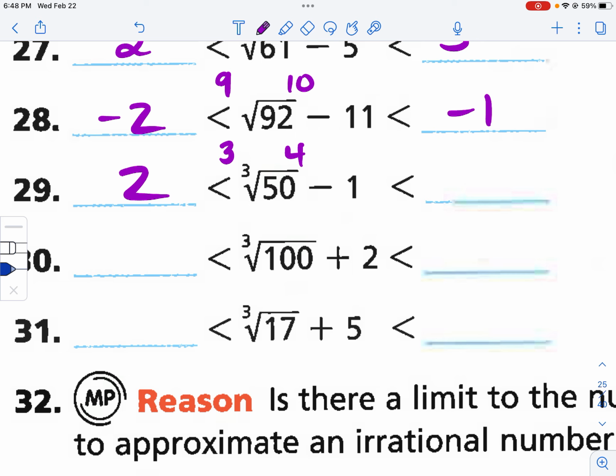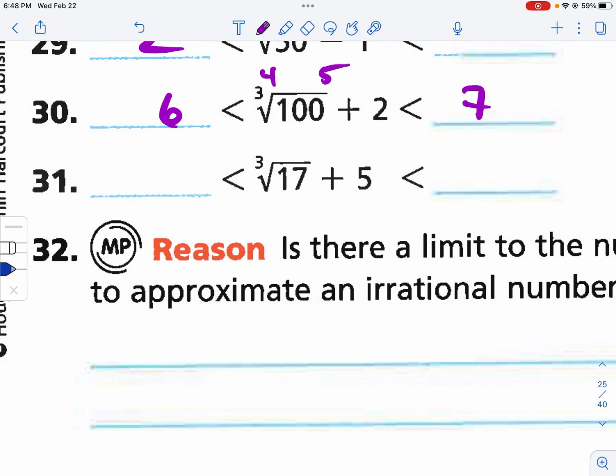The cubed root of 100 is going to be between 4 and 5, which would get us 6 and 7. The cubed root of 17, 2 cubed is 8, 2 and 3, so you would get 7 and 8.